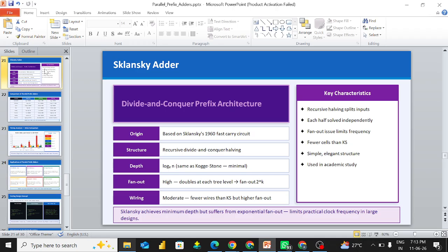Just think you have 8-bit inputs. Just imagine you have 8-bit inputs. How are we going to divide those 8-bit inputs? If you divide into two parts, then you will think of 0 to 3 as one part and 4 to 7 as another part, right? Like bits 0 to 3 as one part and, sorry, 4 to 7 as another part, right?